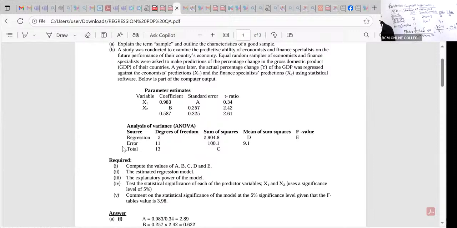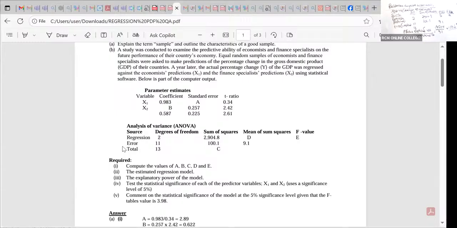Then we have Roman 2, where they want us to give them the estimated regression model. Is that something you think you can try? Even if you don't get it, so what? The estimated regression model.